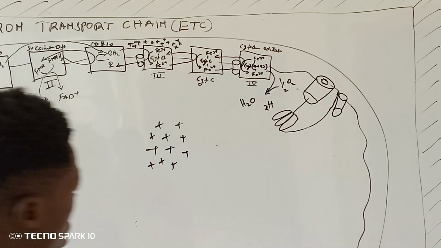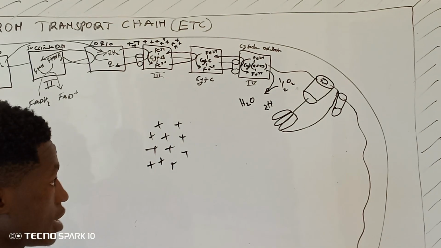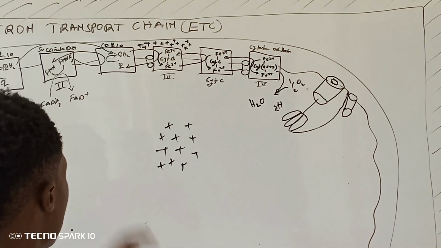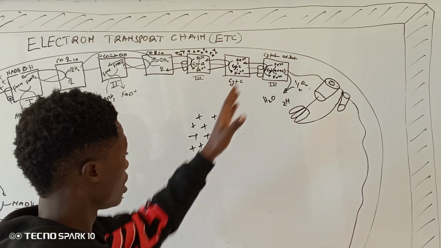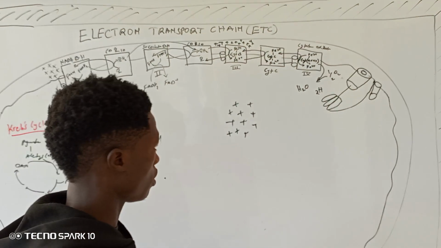So it's going to form a water molecule. So oxygen is the last electron acceptor in this series of reactions, because none of them want the electrons. So you see, it keeps on passing the electrons until we reach oxygen.